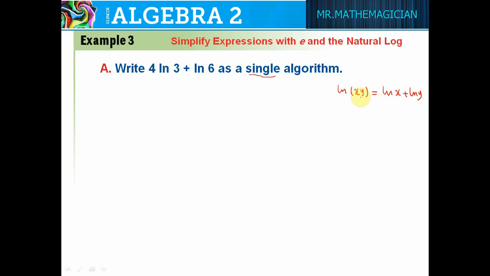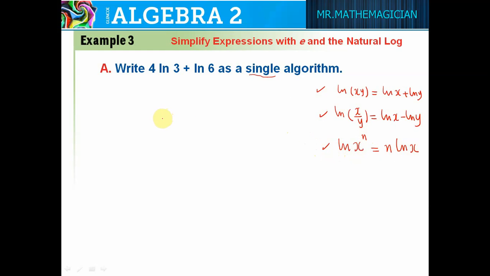This is the product property, and also the quotient property, ln x over y equals ln x minus ln y, and also for the power property, ln x to the power of n, this n will come here in front of ln with multiplication, so it's n ln x. So the three rules of logs are applicable for lns, as lns are also logs.